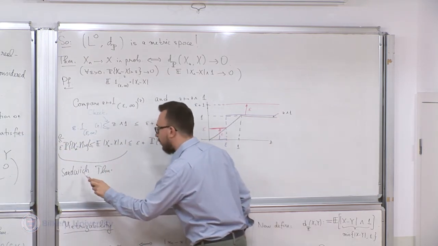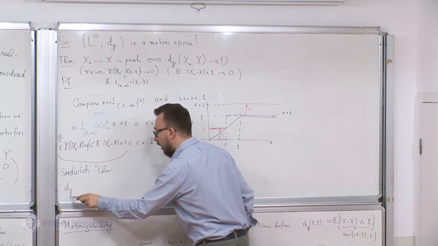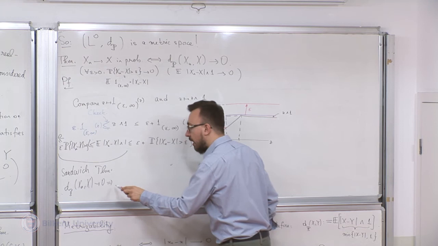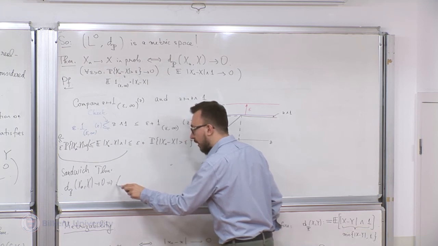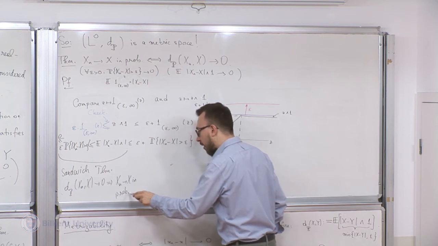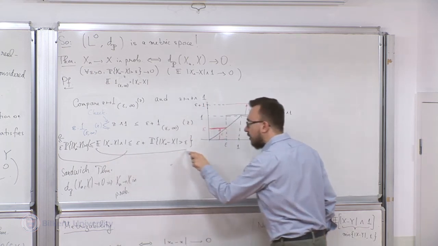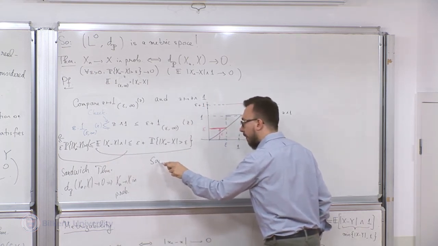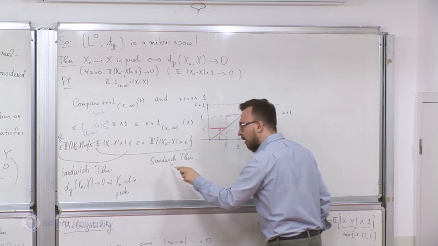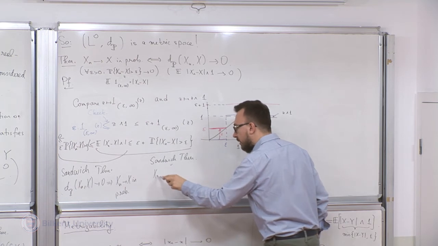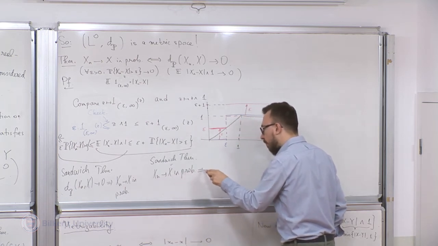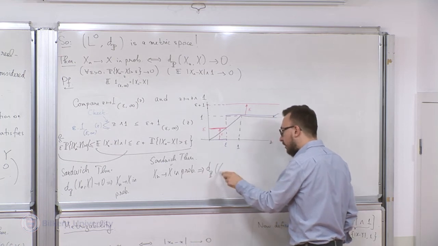If we apply the sandwich theorem here, d_p(xn, x) → 0 implies convergence in probability. And if we apply the sandwich theorem here, then xn converges to x in probability implies convergence in this metric.